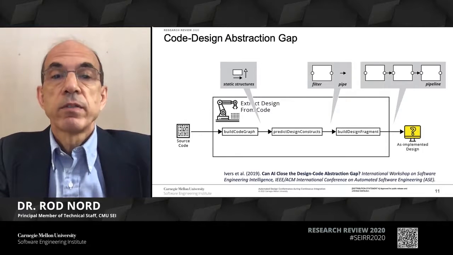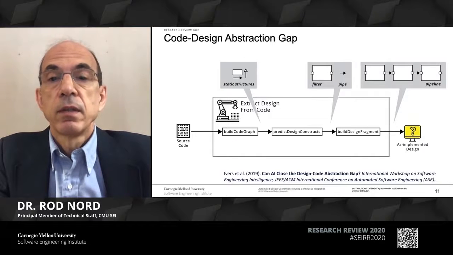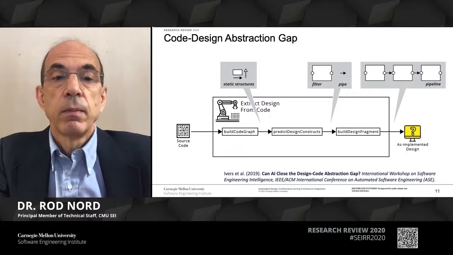We're using a data transformation pipeline here as an example of a design fragment inspired by the FACE technical standard that follows the MOSA approach. It consists of design constructs such as filters that read input, transform data, write output, and pipes that connect filters and provide buffering and synchronization.